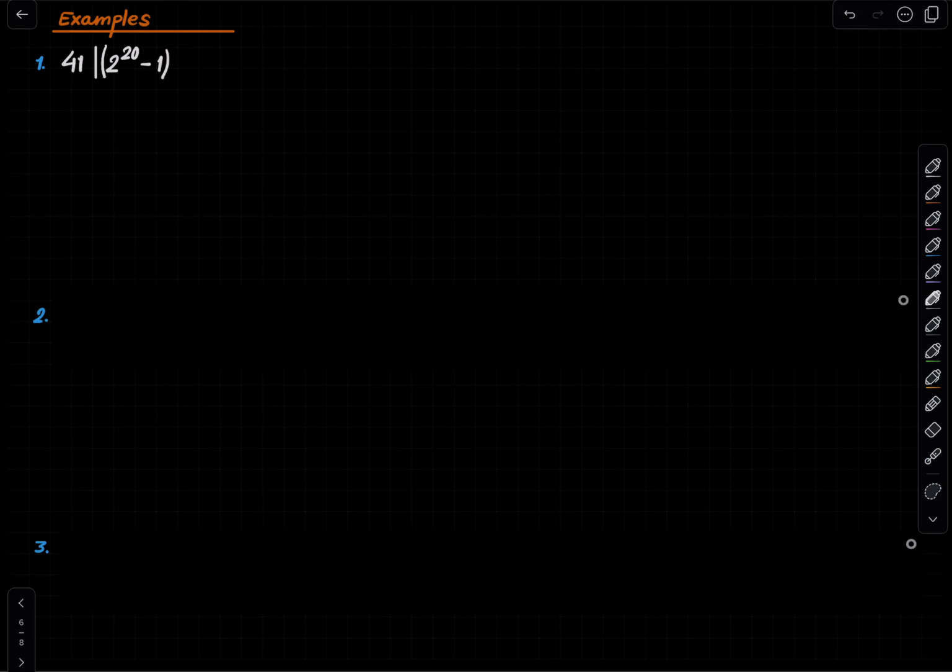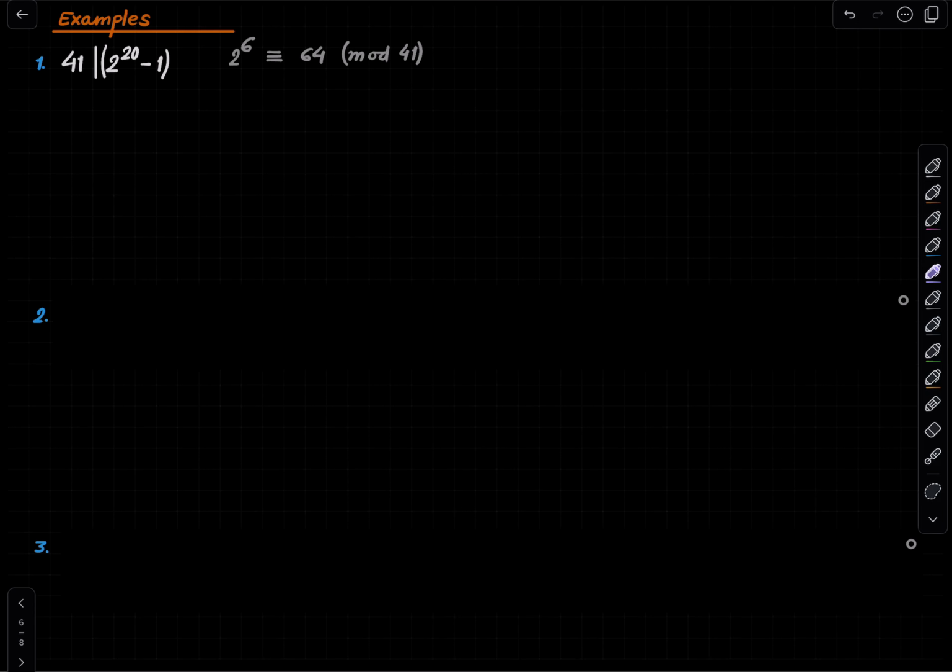So we have 2 to the power, let's raise it to some power. 2 to the power 5 is 32, 2 to the power 6 is 64. So 2 to the power 6 is definitely congruent to 64, because 2 to the power 6 is equal to 64. But 64 is congruent to what modulo 41?